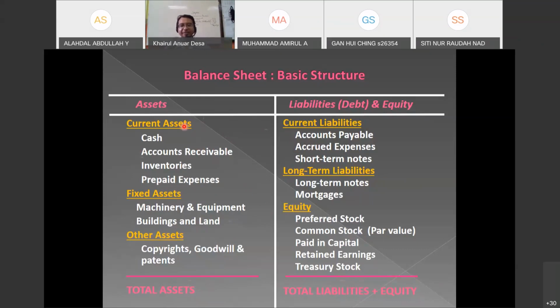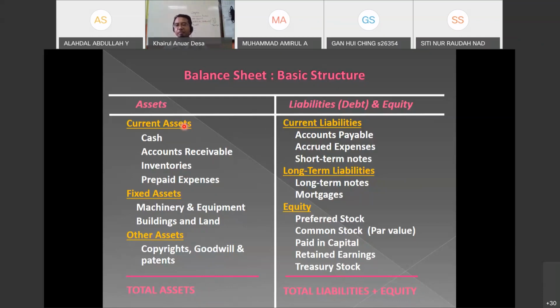Saya ingat kita dah bincangkan last topik. Semasa is within 1 year. Within 1 year bermaksud jangka pendek, short term, within 1 year maturity. That is the meaning of current asset or current liability.